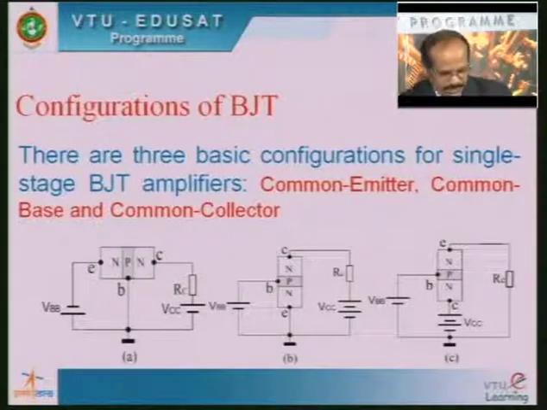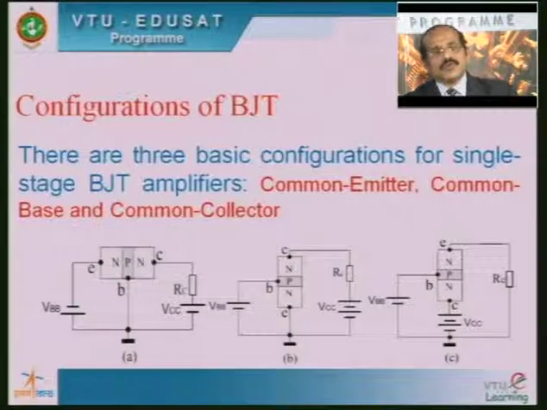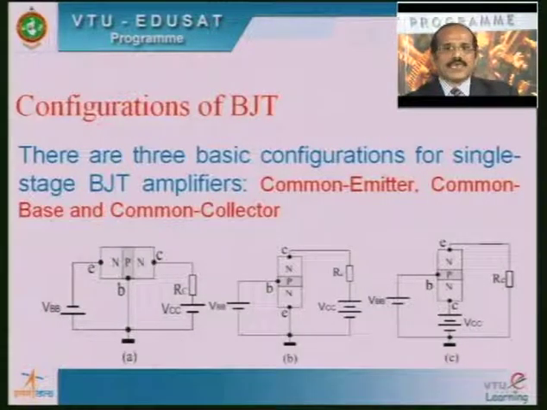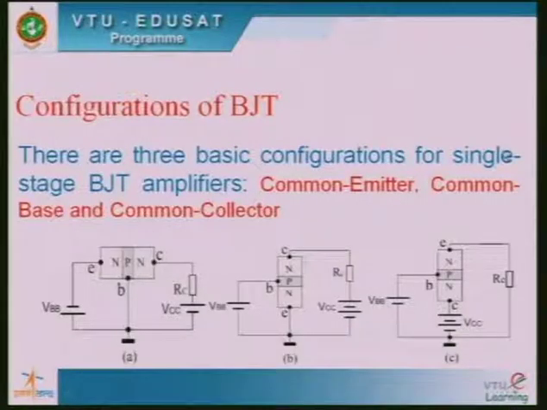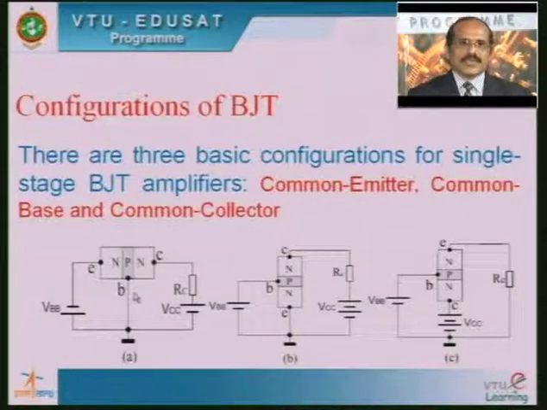As you know, two port networks have two input ports and two output ports. However, the bipolar junction transistor has three terminals. In order to fit the bipolar junction transistor into the two port networks, one terminal has to be made common. That is why there are three configurations of bipolar junction transistors. In the common base configuration, the emitter is the input and the collector is the output, and the base is common to both.